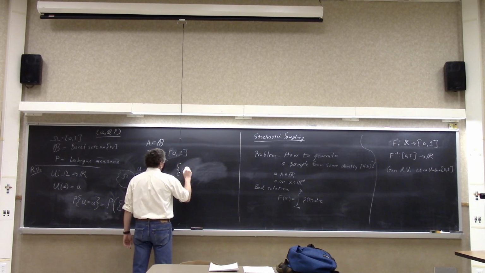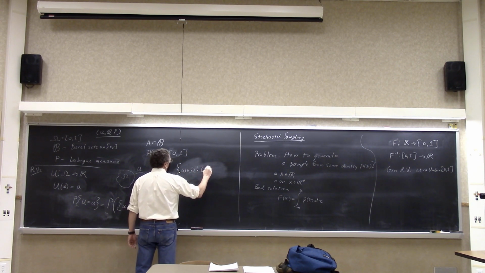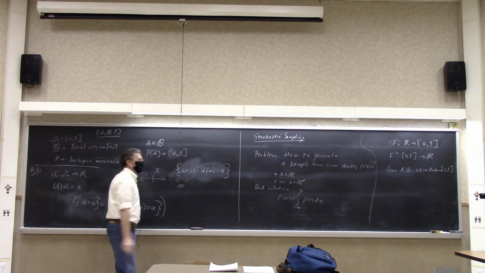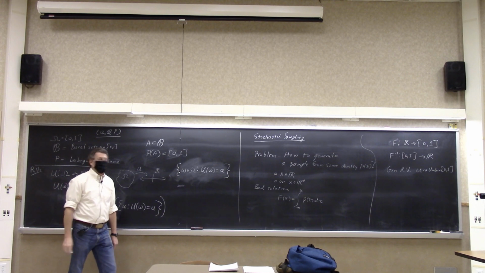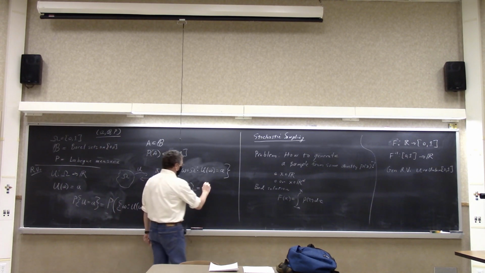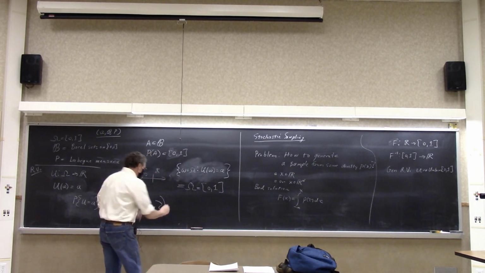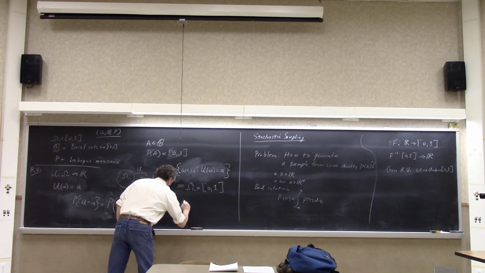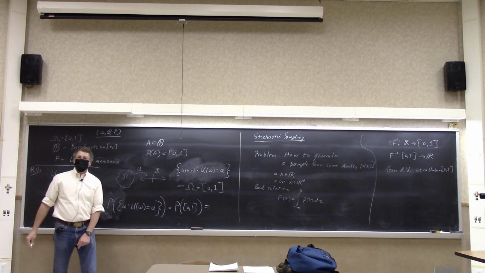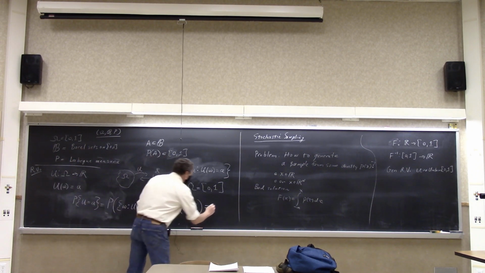It's really omega, a member of omega, such that U of omega equals a. What's that equal to? It's equal to omega. And what's omega equal to? 0, 1. Okay? So this is equal to the probability of the interval 0, 1, right? And what's the probability of the interval 0, 1? 1.